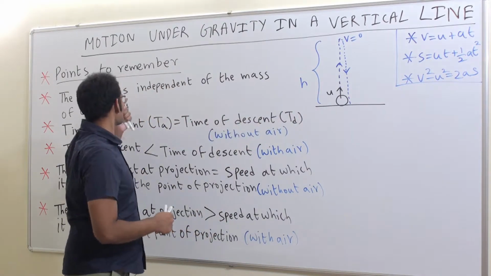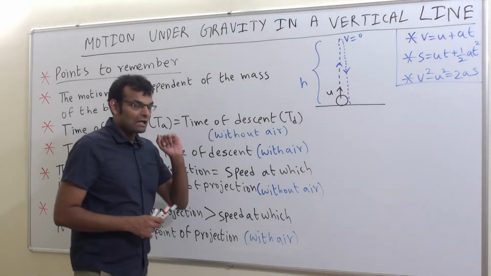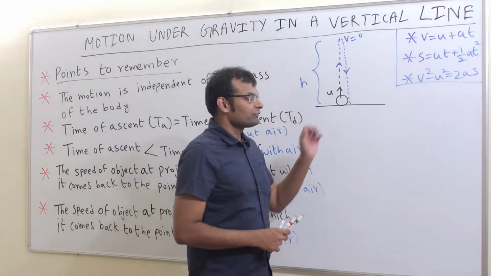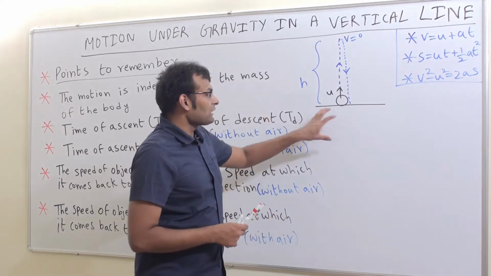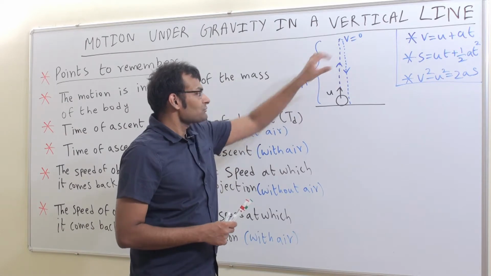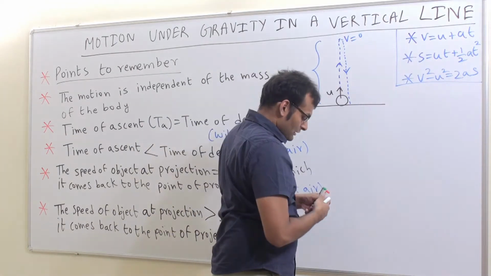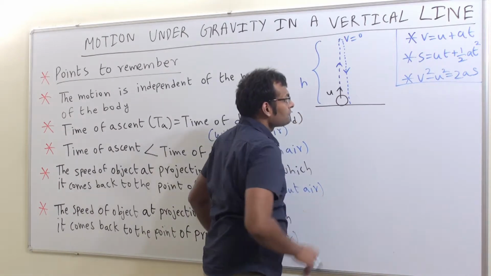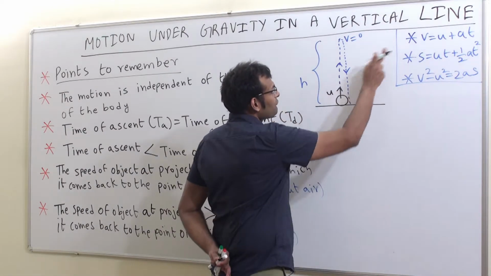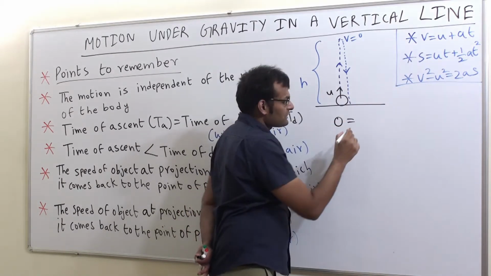Now let's see what exactly it means that the motion is independent of the mass of the body. To do that, let us calculate the different parameters. Let me calculate the time of flight and the velocity u using the terms that we have. Let me substitute these values in the first equation. The final velocity v is 0, and the initial velocity is u.